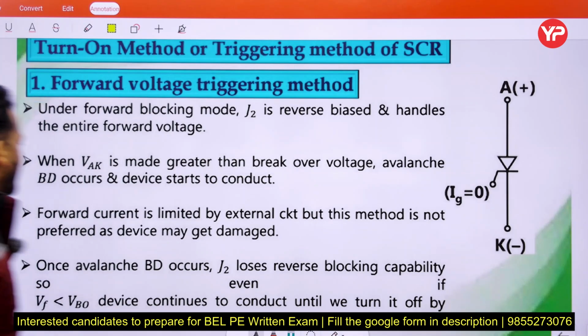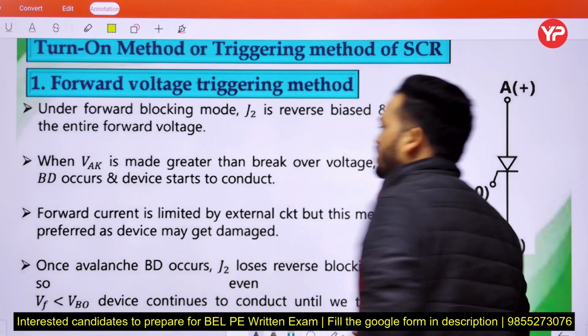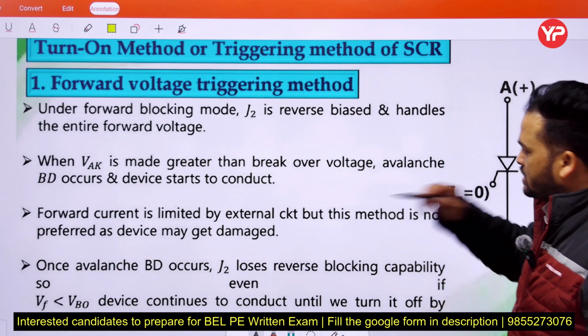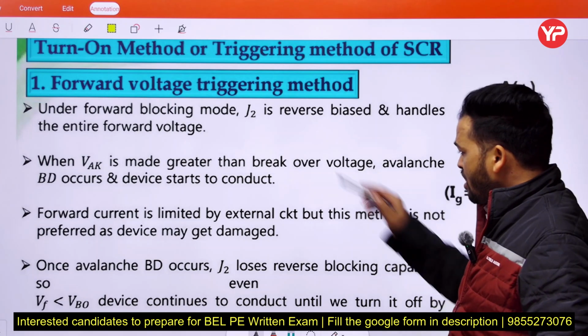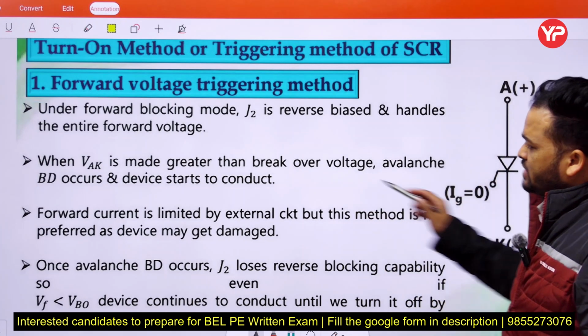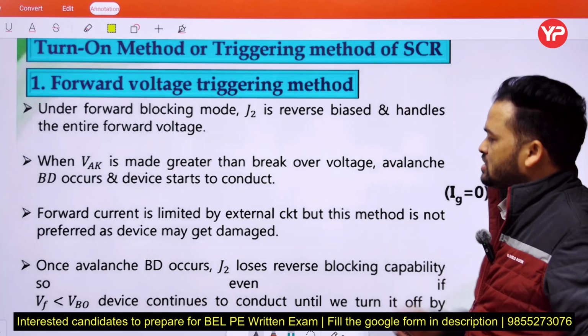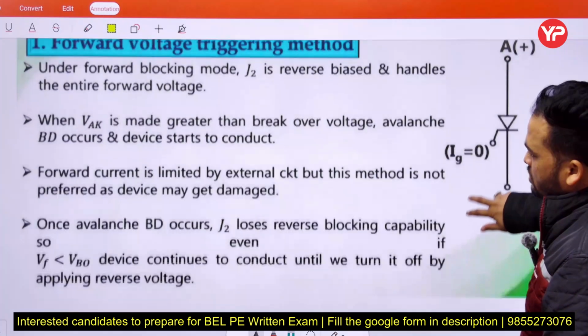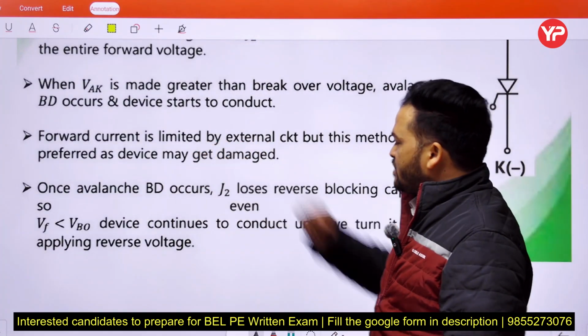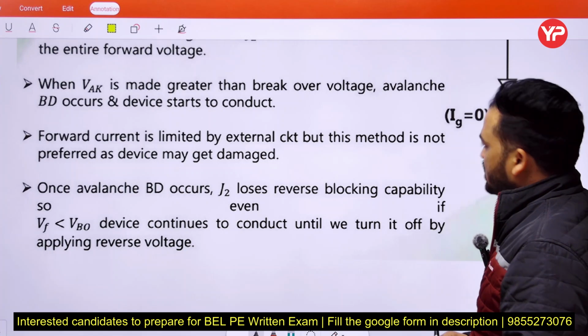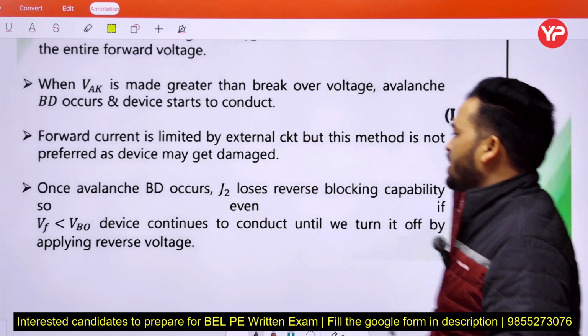When VAK, that is anode to cathode voltage, is made greater than breakover voltage, avalanche breakdown occurs and the device starts to conduct. Forward current is limited by the external circuit, but this method is not preferred as the device may get damaged.